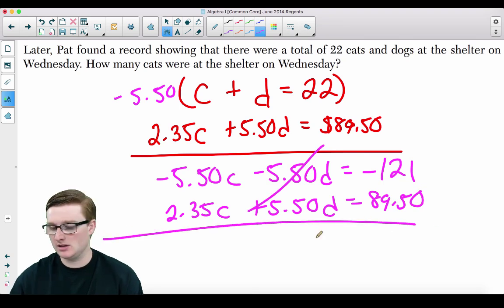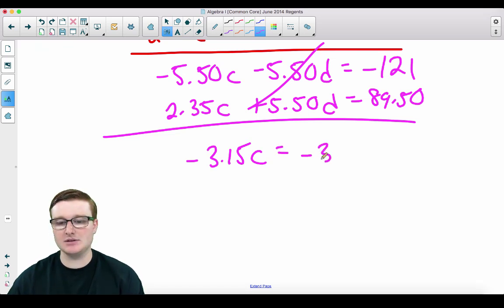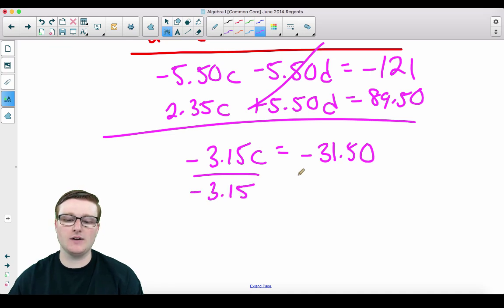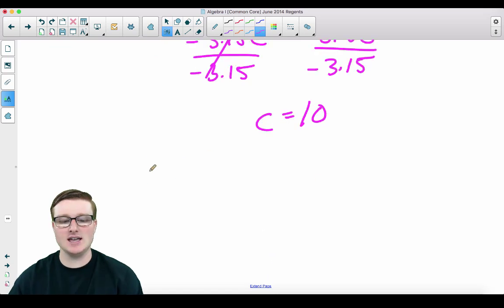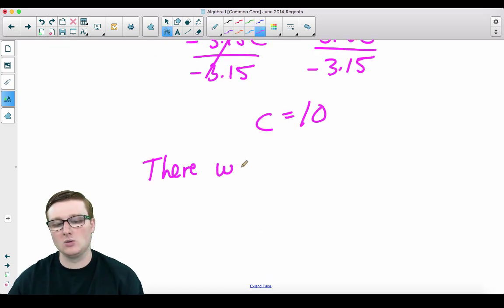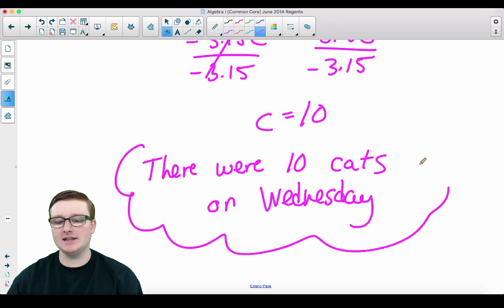Okay, the D's cancel. And from here we get negative 3.15 C is equal to negative 31.50. Divide by negative 3.15. Divide by negative 3.15. And we get C is equal to 10 cats. So your answer is there were 10 cats on Wednesday. Ladies and gentlemen, that is your answer.